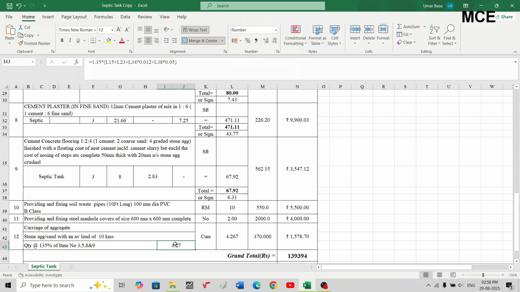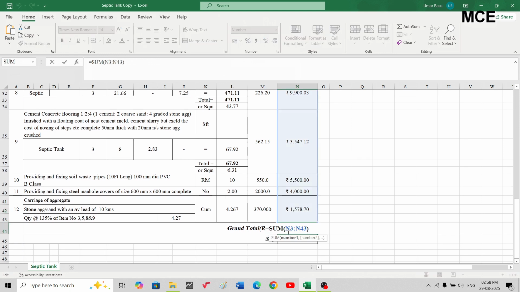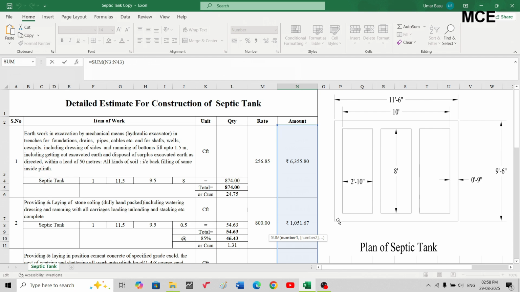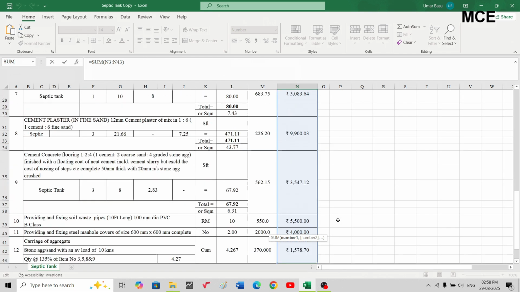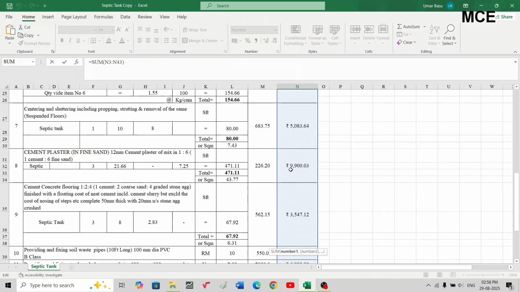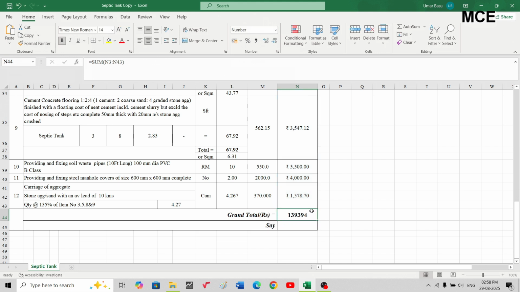Yes, it's 4.27, and the rate for this item in SOR is 370 up to a lead of 10 kilometers. So the total will be 4.267 multiplied by 370, which is 1578 Indian rupees. The total amount to prepare the septic tank will be the sum of the amounts of all the items, and the total is 1,39,394 Indian rupees.